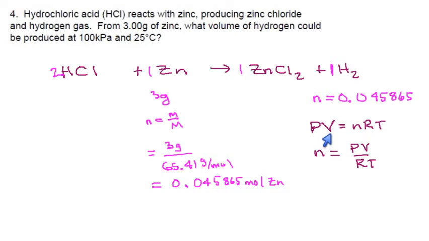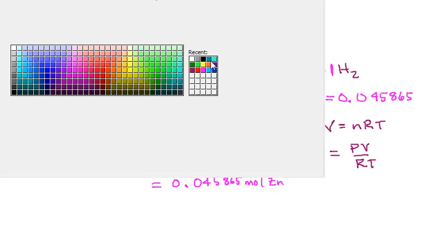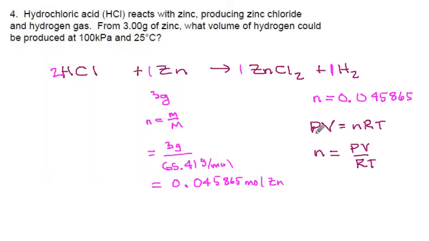We want to get a volume V. So if you take this version, which is probably the best to start with, if you want to isolate V, we want to divide both sides by the pressure. On the left side, the pressures cancel out. Ignore that. And we get volume for an ideal gas is nRT divided by P.